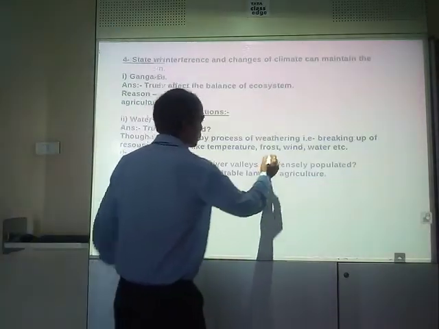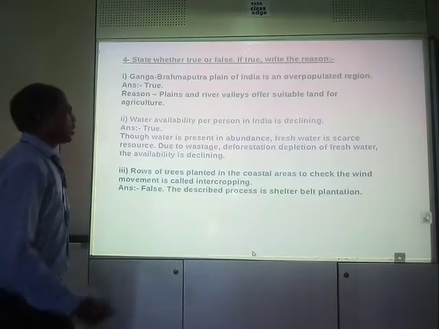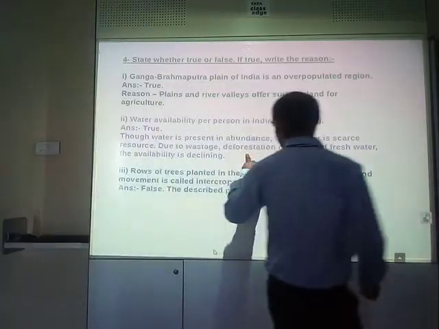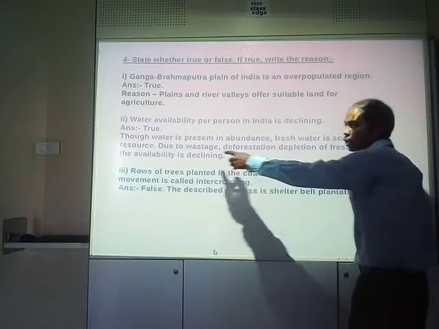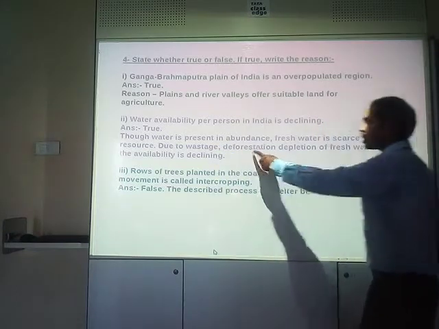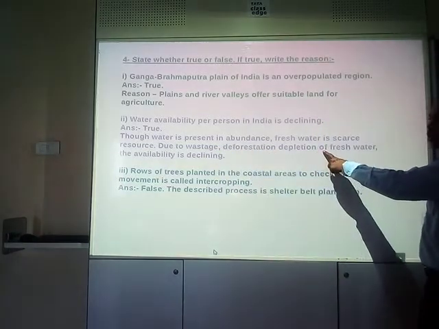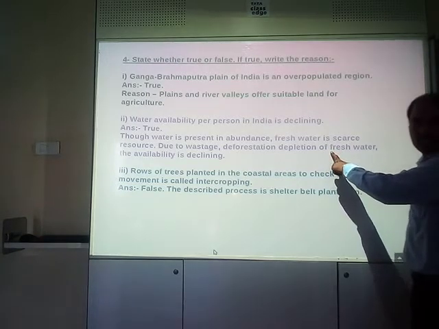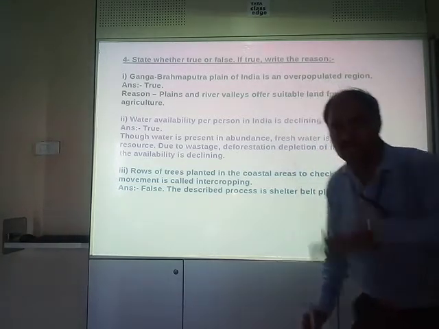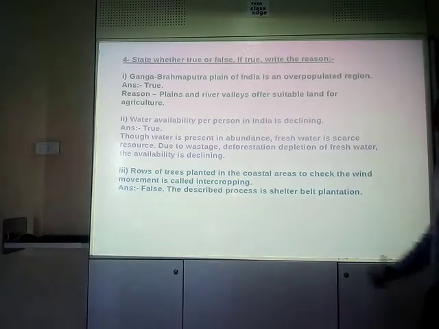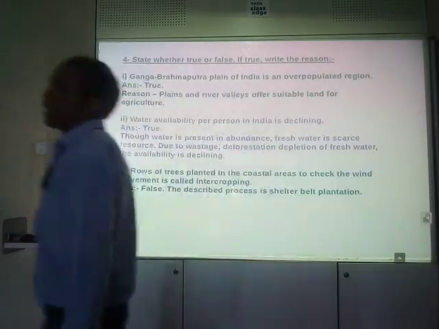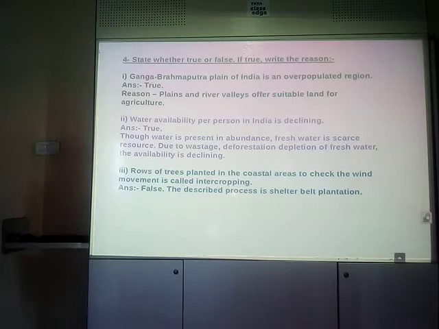Deforestation means cutting up of trees. Depletion of fresh water means fresh water is decreasing day by day. Okay, the availability is declining, right?